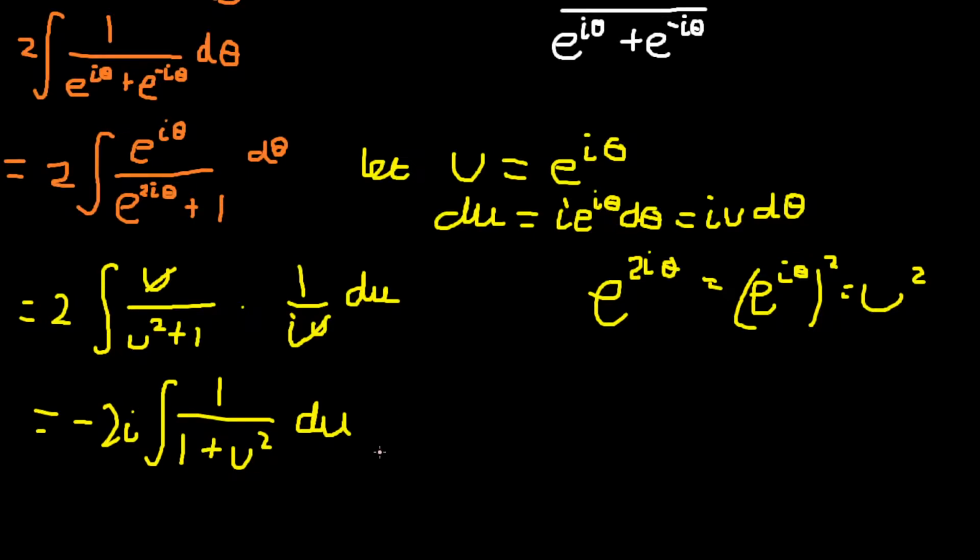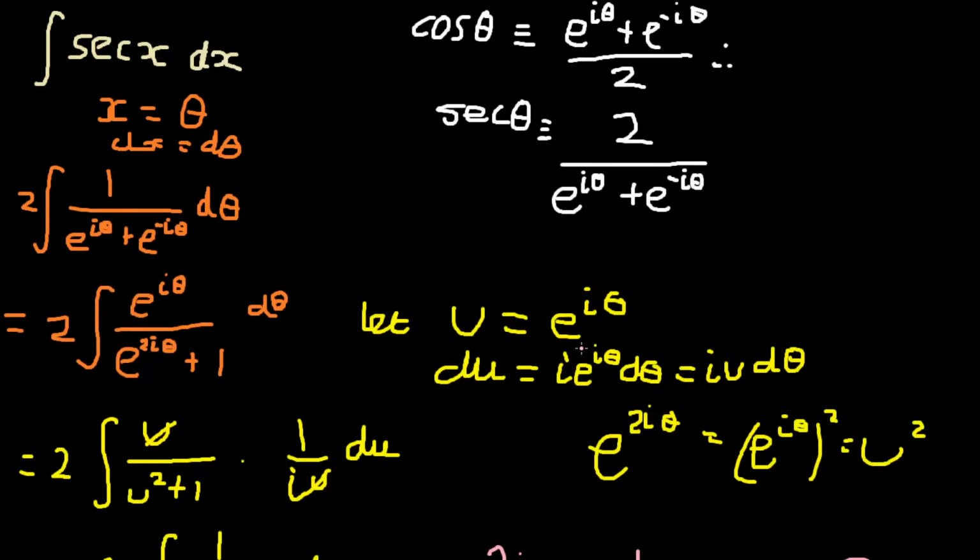This is simply the arctangent of u when we integrate this. So we get negative 2I times the arctangent of u plus c.